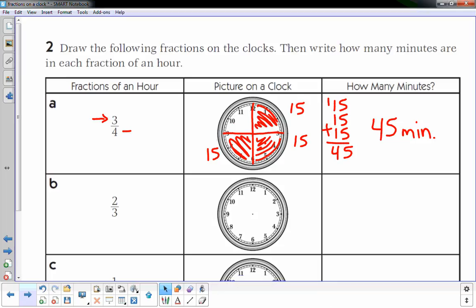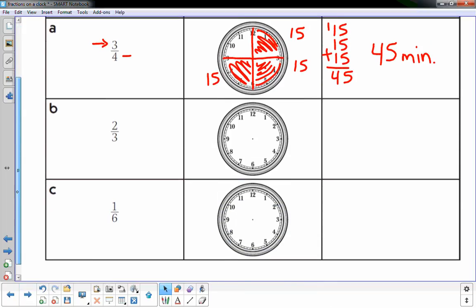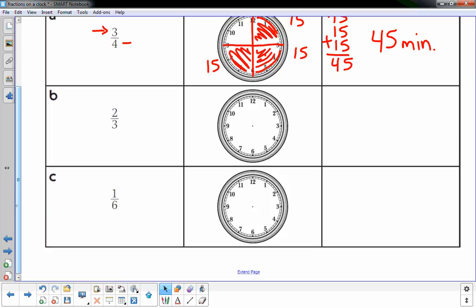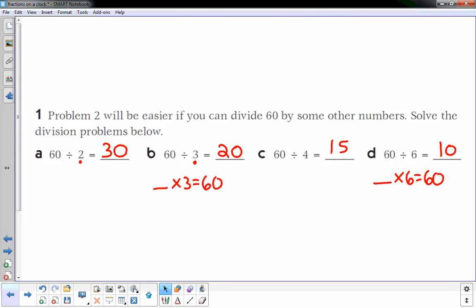Let's look at letter B. 2/3. What the 3 means on the bottom in the denominator is that you have to break it up into 3 equal parts. You can do that like this. And then each part is worth so many minutes. If you go back, is there one?